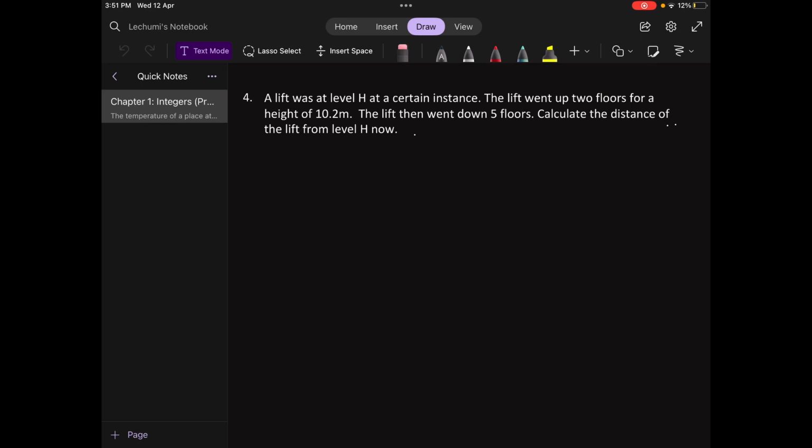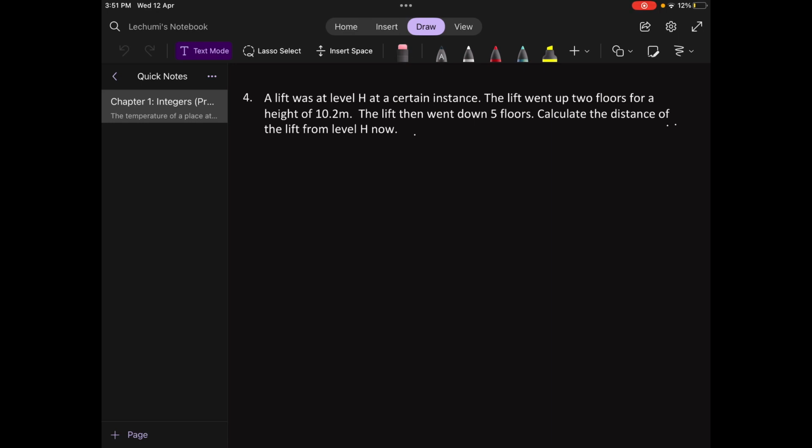That is, level H will be our initial position for this question. And the lift went up 2 floors for a height of 10.2 meters. This is basic arithmetic. 2 floors, 10.2 meters, which means for 1 floor we have to divide it by 2 to get the answer.